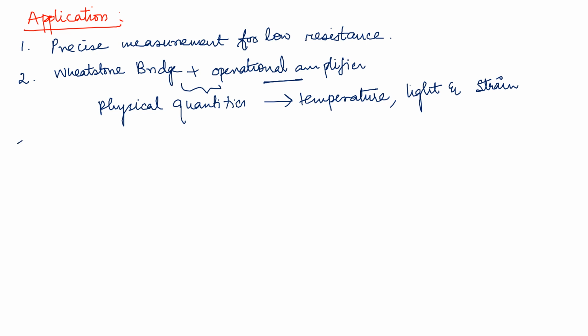Now the third one, quantities such as impedance, inductance, and capacitance can be measured using variation in the Wheatstone bridge. Quantities like impedance, denoted by Z. We will read this when we read electromagnetic induction, that is just after 2 chapters.